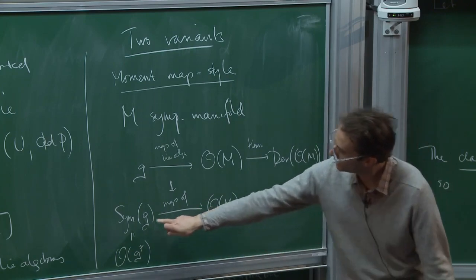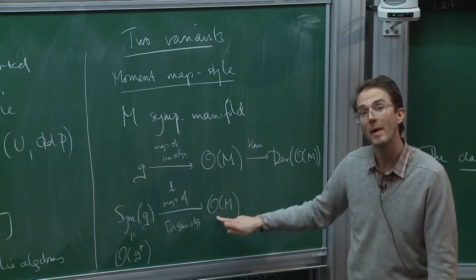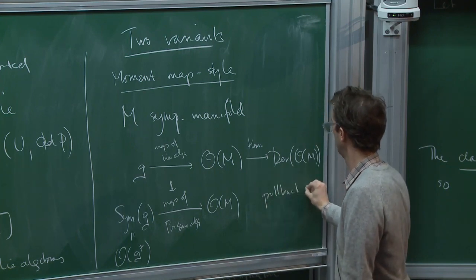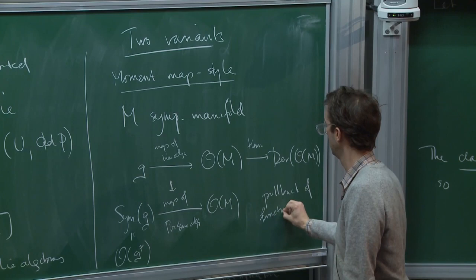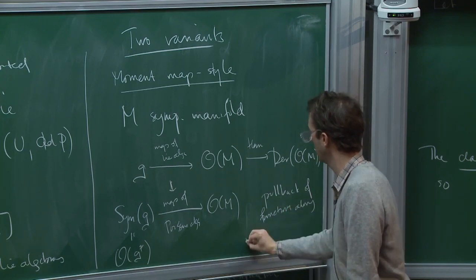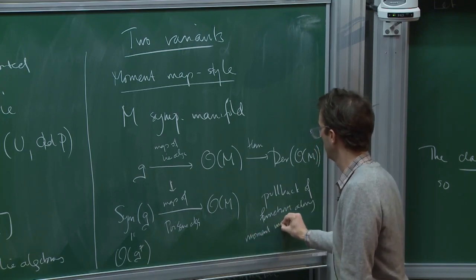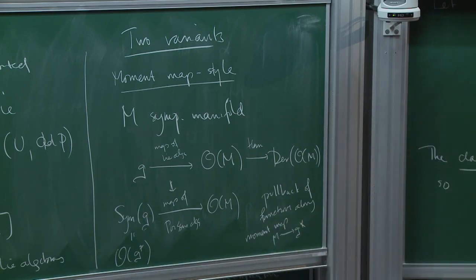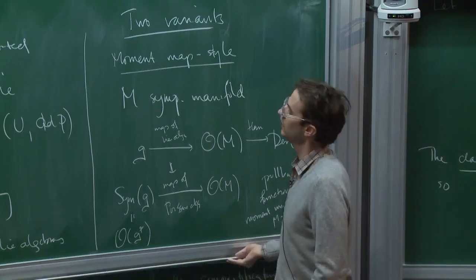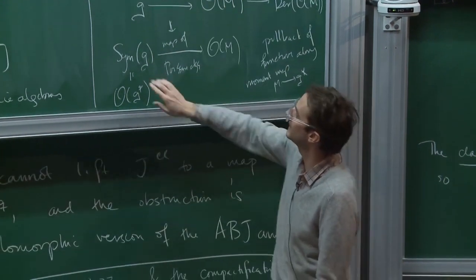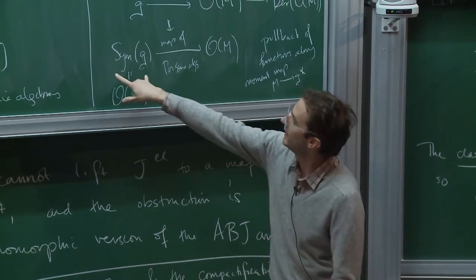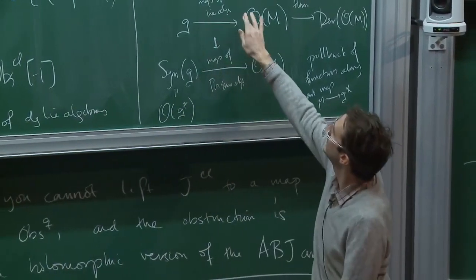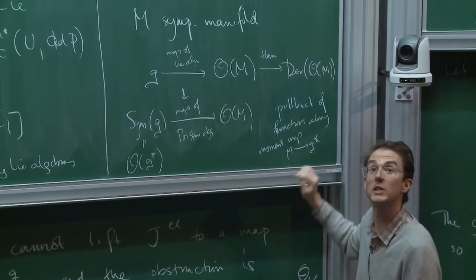So this induced map of Poisson algebras is pullback of functions along the moment map from M to G dual. Okay? So you can go back and forth between this data. To give a map out of this enveloping Poisson algebra is the same thing as to give a map of Lie algebras. So these kinds of data are equivalent, but this might have a more geometric resonance with you.